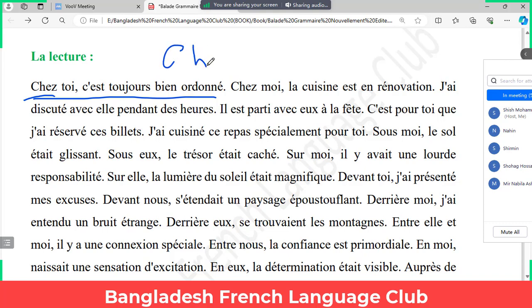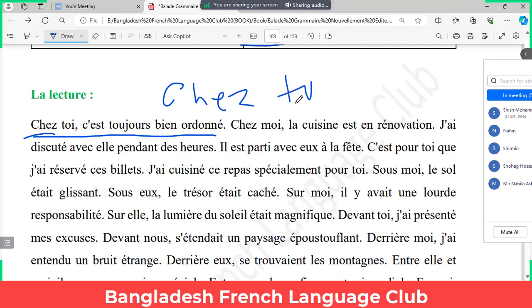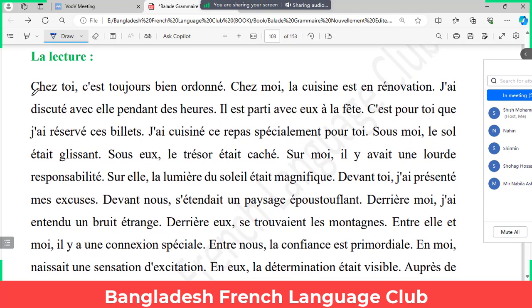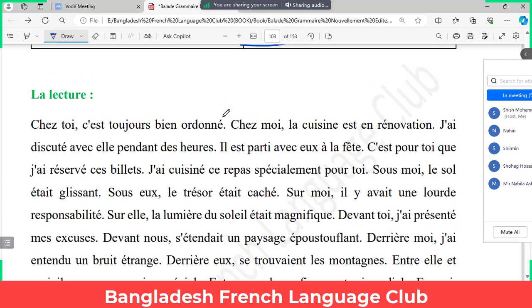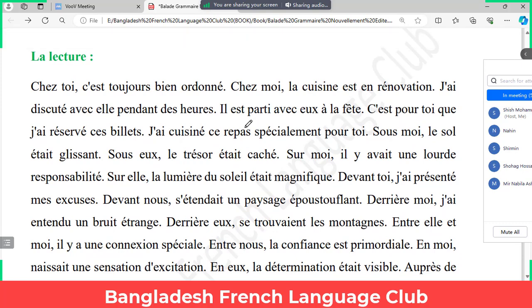If we say chez tu, it's not correct, because after this preposition we need to have what? Tonic form, right? So chez toi, not chez tu or any other form. Chez toi, c'est toujours bien ordonné. Then chez moi, la cuisine est en rénovation. Rénovation, right? Chez moi, la cuisine est en rénovation.